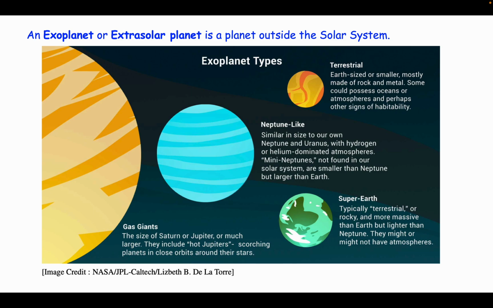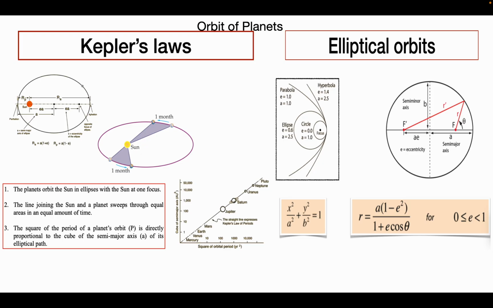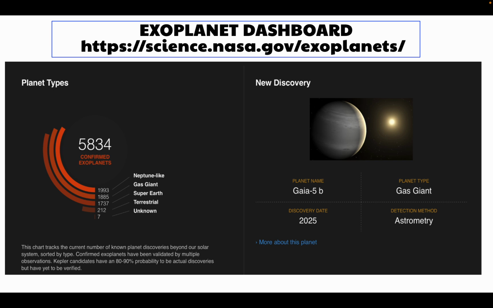Those are the size of Saturn or Jupiter, the two biggest planets of our solar system. Gas giants are typically very near to the host star, and sometimes we refer to them as hot Jupiters.